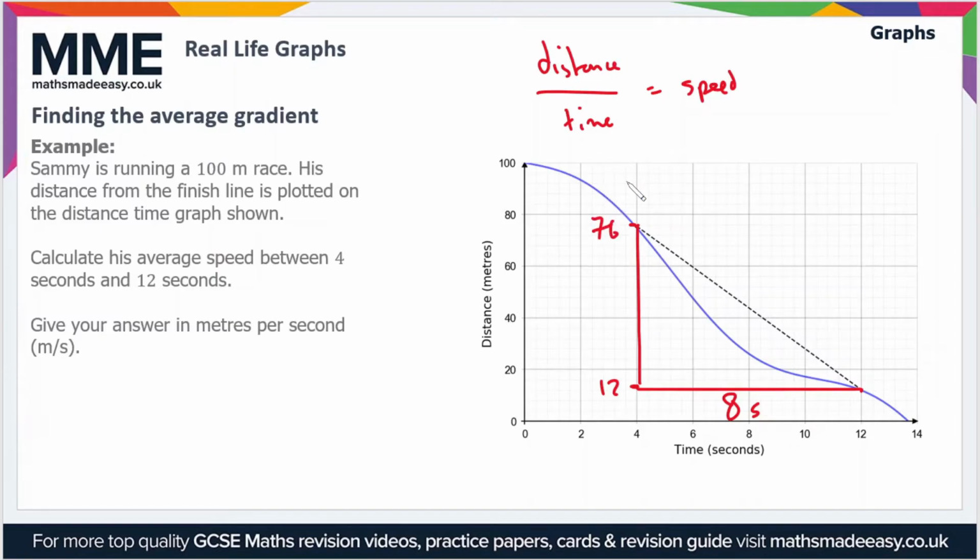So therefore the distance span is 76 minus 12, which equals 64 metres. So to find the speed, all we do is divide 64 by 8, so that's distance divided by time, and that gives us 8 metres per second.